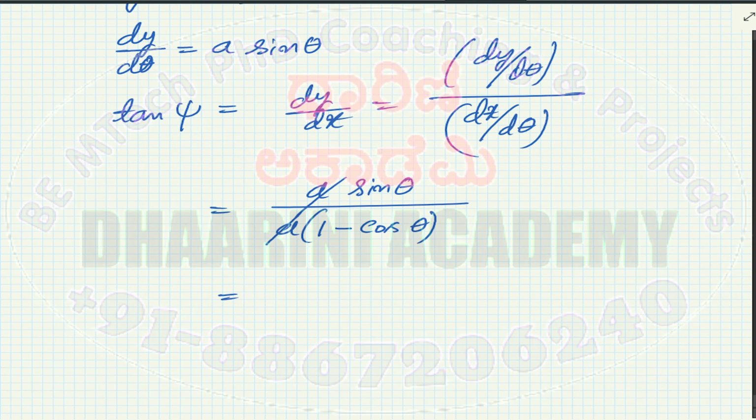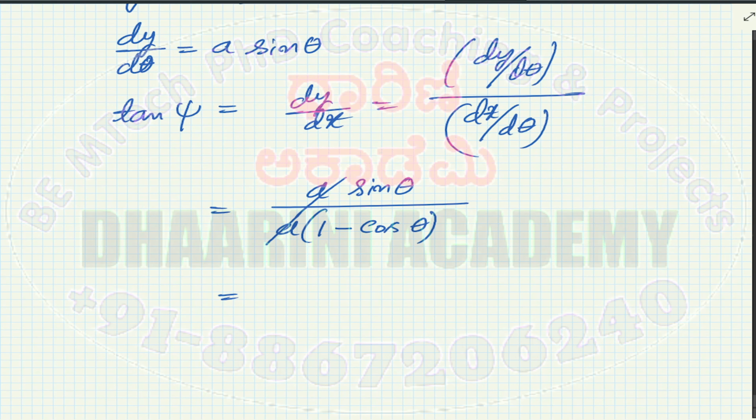Similarly, the half angle formula for 1 minus cos theta is nothing but 2 into sine square of theta by 2. So we can cancel one of the sine functions with one of the sines in the denominator, right? And also the 2 and 2 will get cancelled.